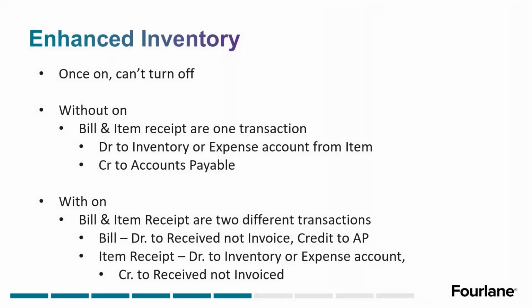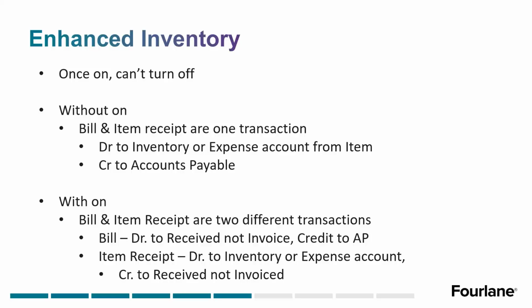Okay, enhanced inventory. What we're going to be talking about today. A lot of our series have been around inventory, manufacturing, wholesale distribution. Some of the things that we're going to be going into in 2022 are going to be around construction as well.